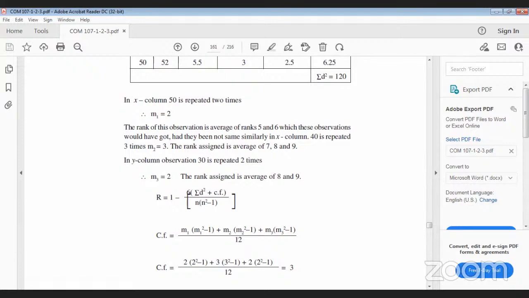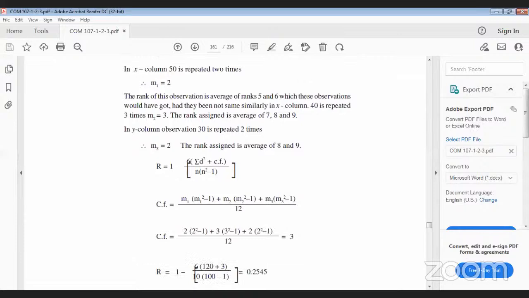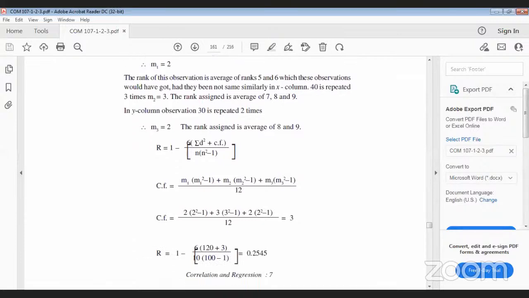So here you will find that R is equal to 1 minus bracket 6 into 120 plus 3, bracket complete, upon 10 into bracket 100 minus 1, bracket complete, is equal to 0.2545.